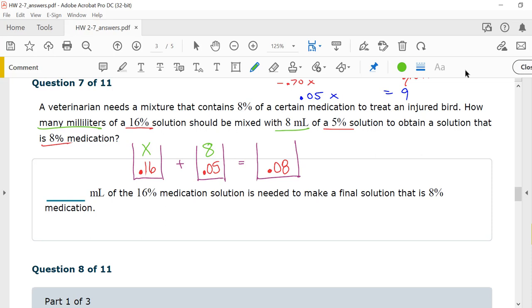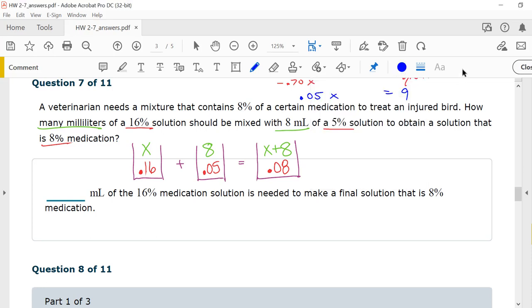Okay, if I add 8 milliliters, X milliliters plus 8 milliliters, I would get X plus 8 milliliters in my mixture.